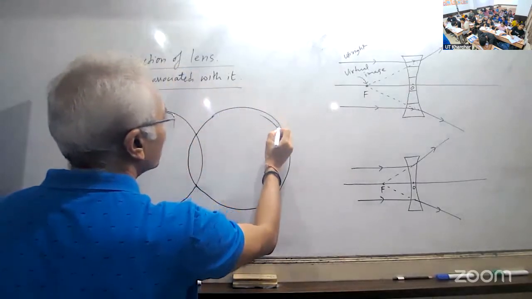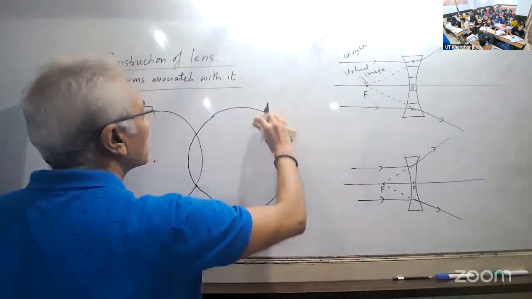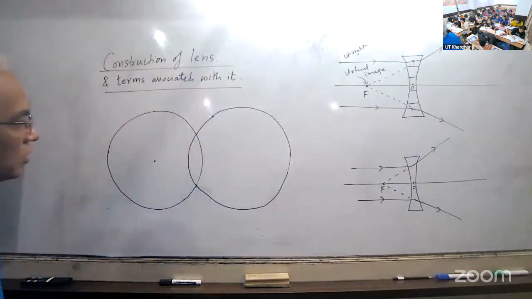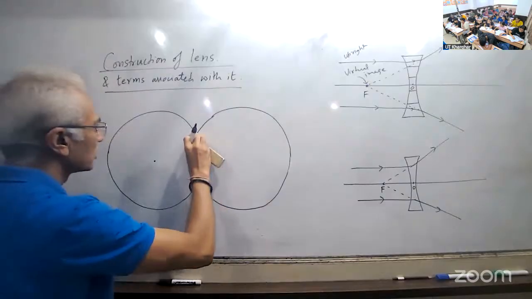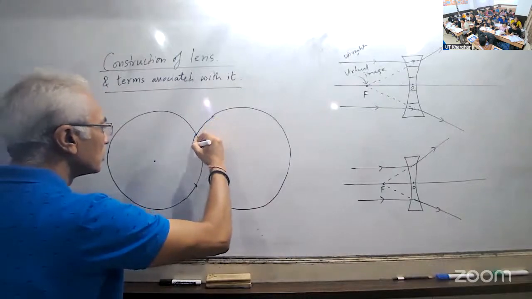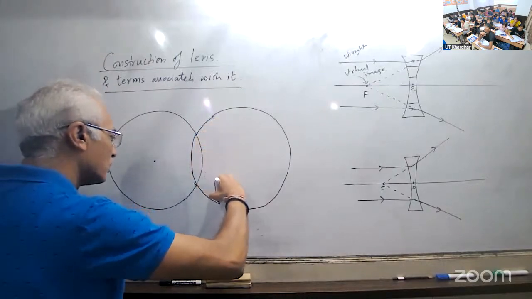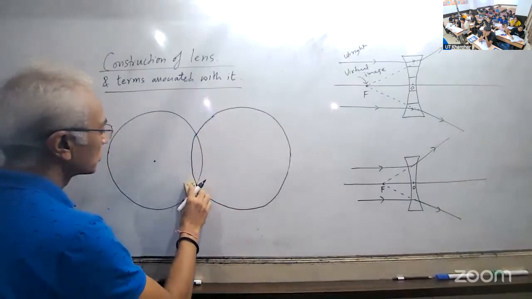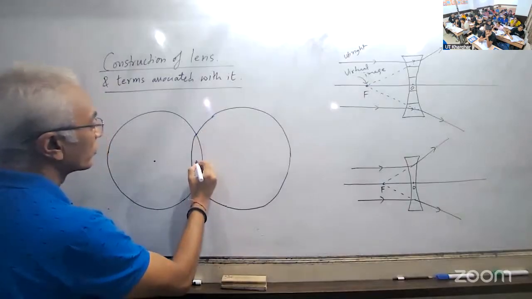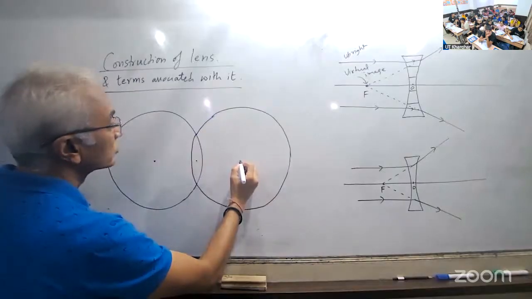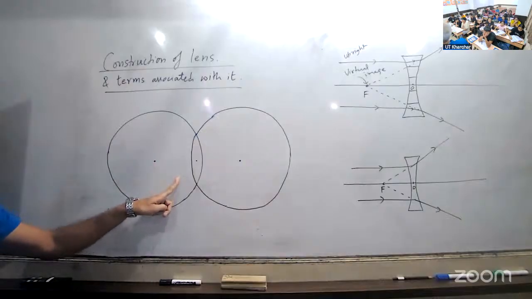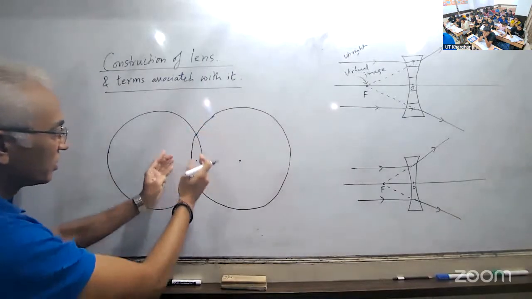Imagine this is a perfect sphere. So this is a sphere, it is not looking like it. Now, these two spheres are overlapping.